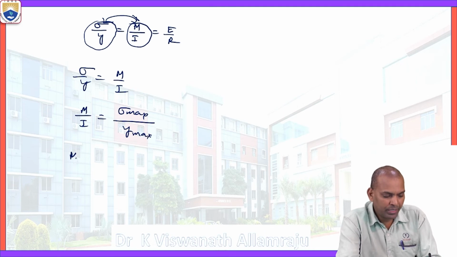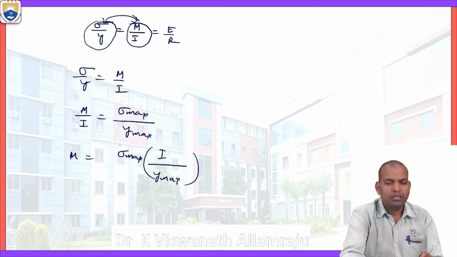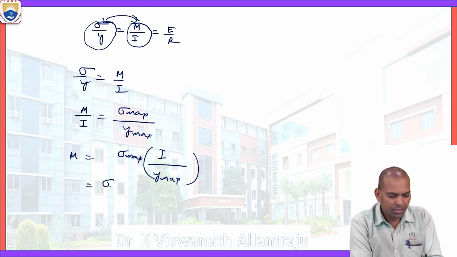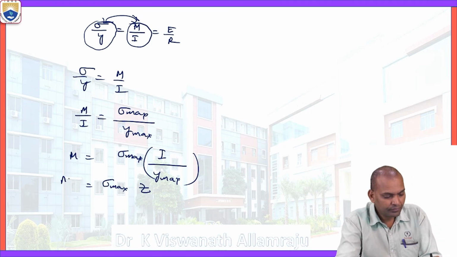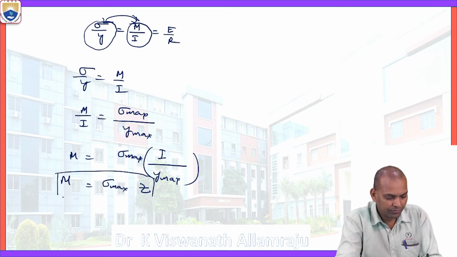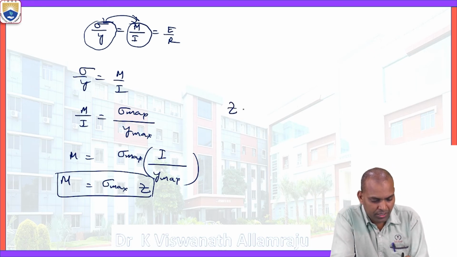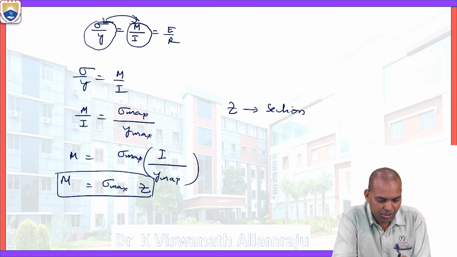Now what is the bending moment? M equal to sigma maximum times I by y maximum. The ratio of moment of inertia to the maximum distance from the neutral axis to the topmost layer, that is y max, is known as section modulus Z. This is another formula: M equal to sigma maximum times Z, where Z is section modulus.